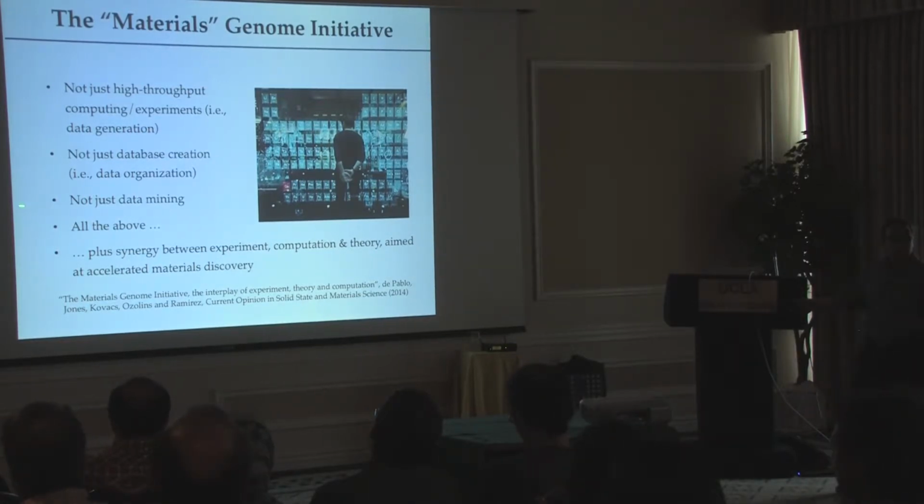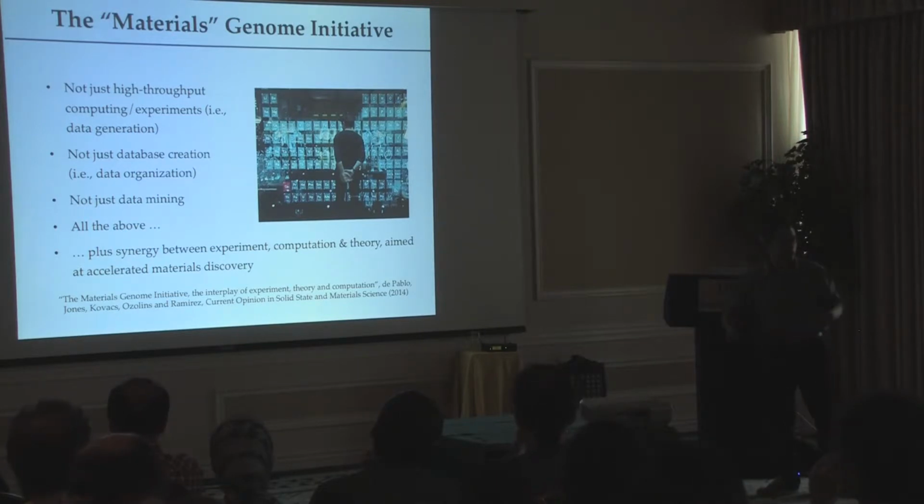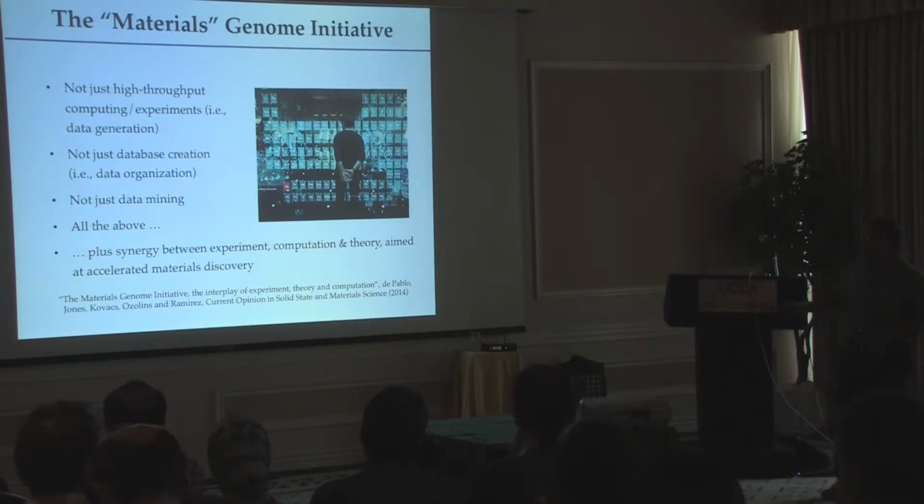And more importantly, we need to figure out how to deal with complexity, how to collaborate, how to work together with the experimentalists, etc. There is this nice, very recent review article about the Materials Genome Initiative, which I believe was a result of an NSF workshop, which I think Matthias Scheffler was part of. But anyway, that's a very, very revealing article. So that's where we are.